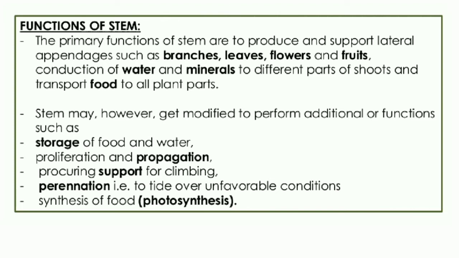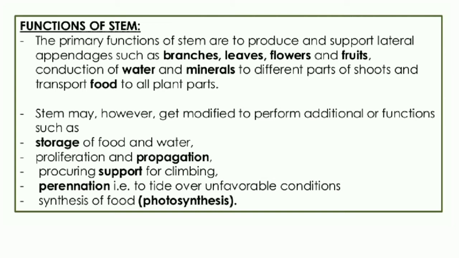So the conduction of food and water takes place through the xylem and phloem, which are present in the stem. And the stem may, however, get modified to perform additional functions. Normal function is balancing or conduction. Other than that, the stem also performs many other functions.